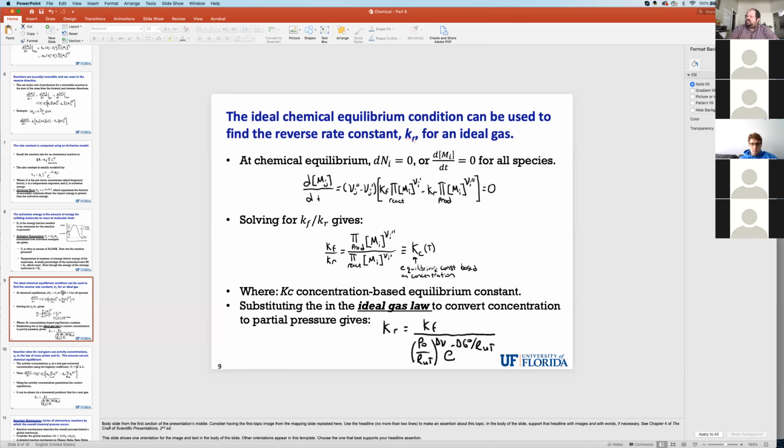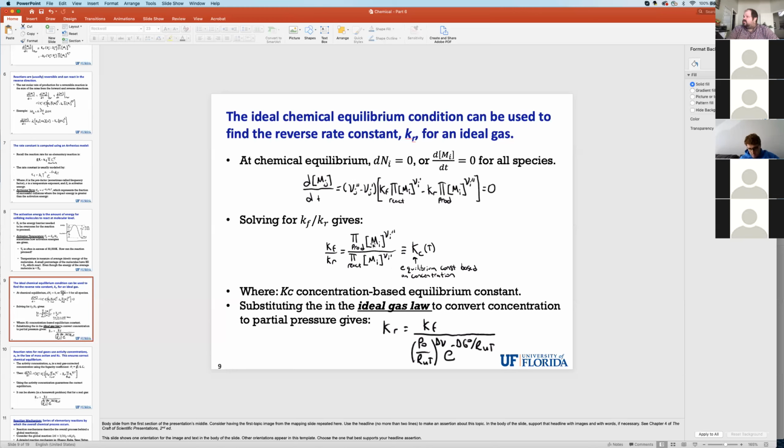And this is defined to be Kc of T, which is an equilibrium constant based on temperature. I'm not going to go through it here, but you can substitute in for concentrations.